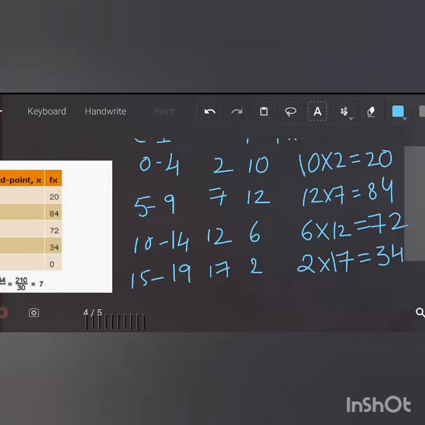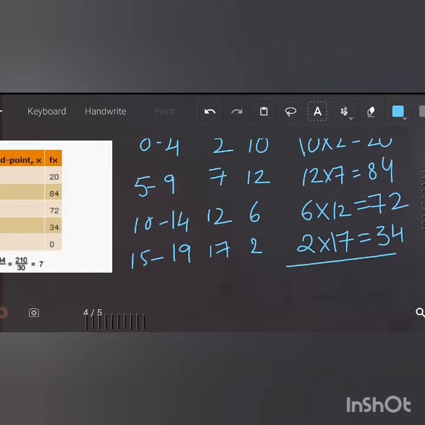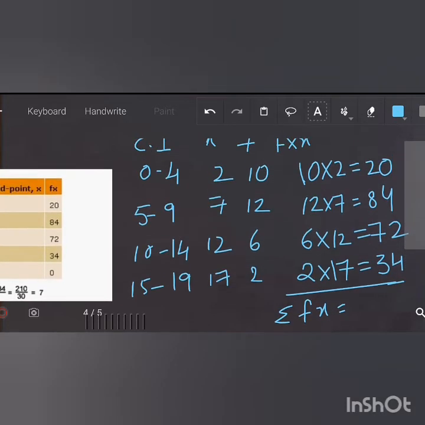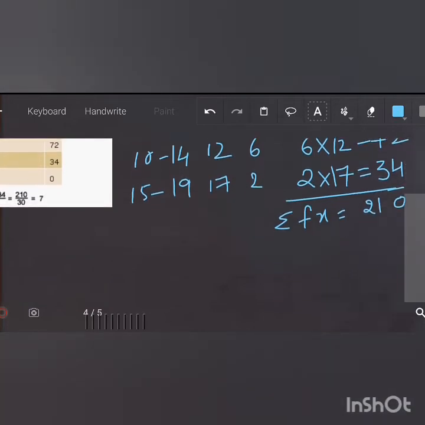Now let us find out sigma fx. Sigma indicates summation. Summation means addition of all these. When you add all these, we'll get 210 as the sigma fx value.